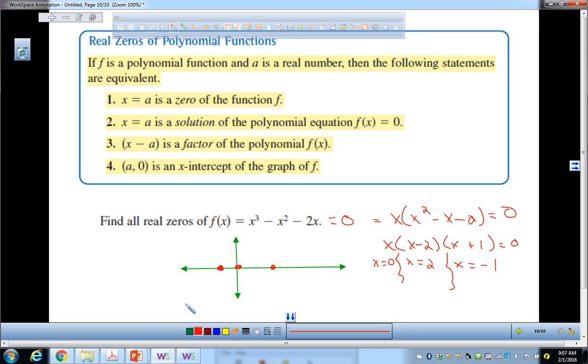So I could do a rough sketch of this polynomial function without knowing too much about it other than the zeros and the end behavior. So I know that this polynomial function, if I were to graph it, is going to look something like that. I don't know how high it goes or how low it goes. I can figure that out. But I do know that it goes through those 3 points. And I know that it starts from down here and it ends uphill. So kind of cool, right?